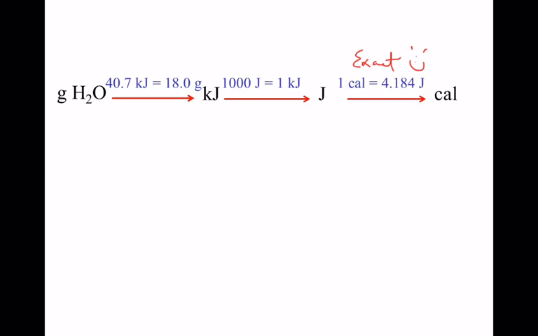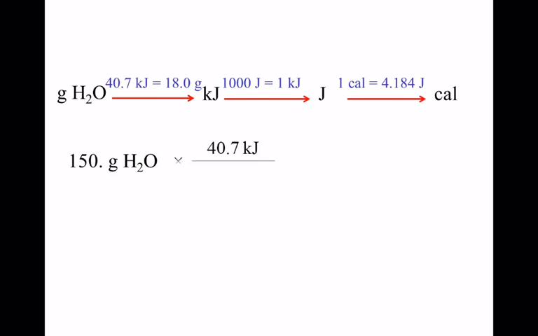All right, so here we go. Starting with the mass of the water, 150 with 3 sig figs grams of H2O over 1. Then we pull the relationship that was given. If we want grams of water to cancel, what's our next term going to look like? 40.7 kilojoules over 18.0 grams.